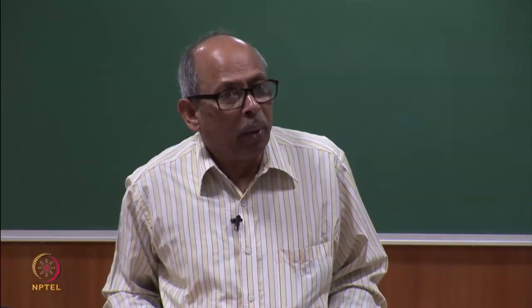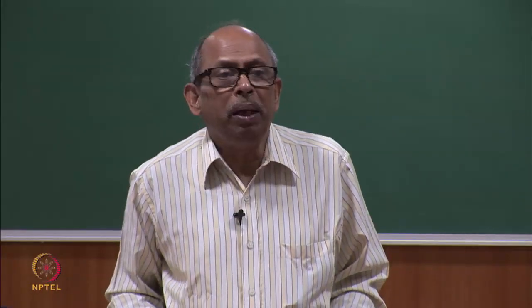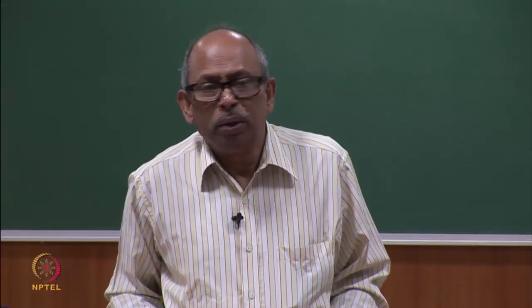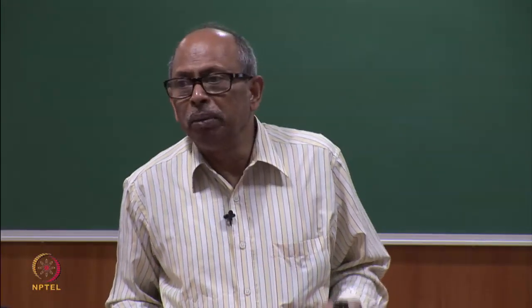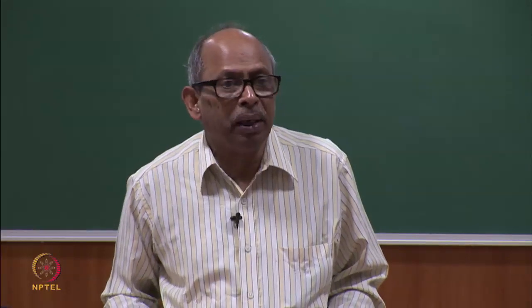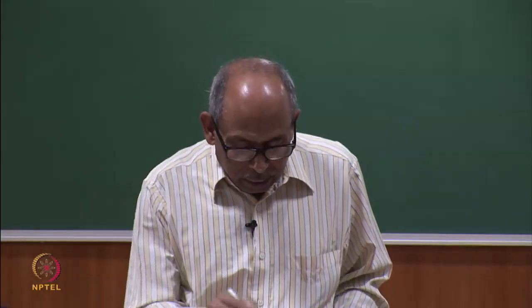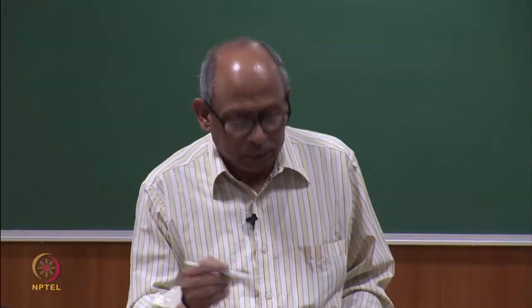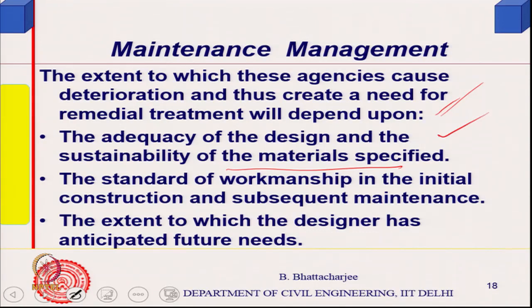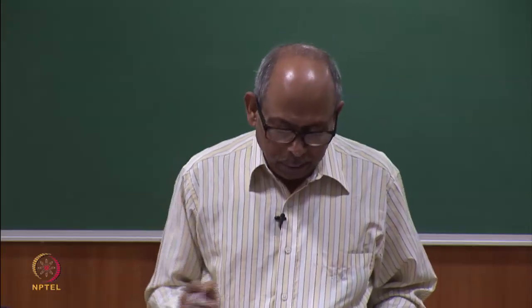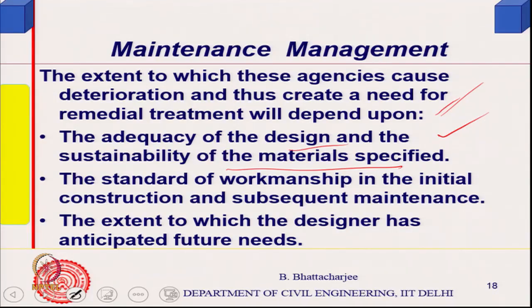The life of copper wiring possibly will be more, 25 to 30 years, whereas aluminum wiring you might have to replace after 15 years. So, if you have envisaged the scenario, foreseen it, and designed for it, the extent of damage that you would see would depend upon the design, right, on what you have foreseen in the design stage itself.